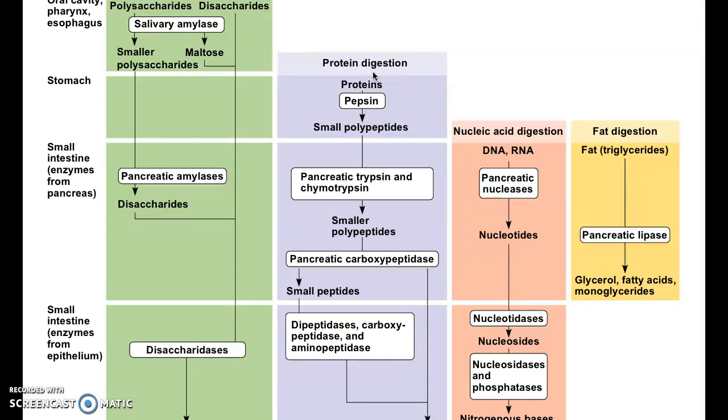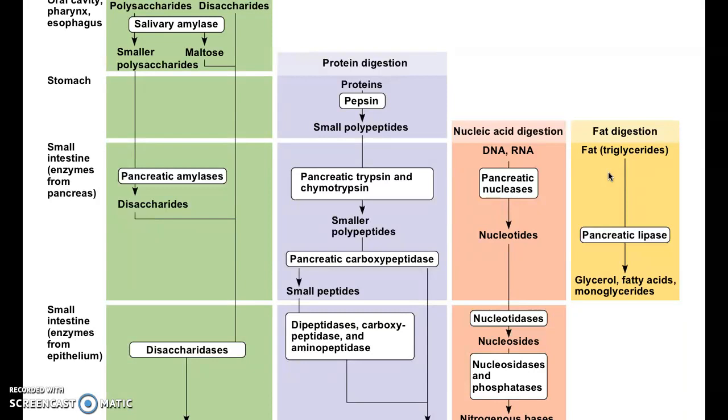Once it enters into the duodenum, again, this whole section here is everything in the duodenum, the pancreas, along with that pancreatic amylase, is also pumping in trypsin and chymotrypsin. So it breaks it down further into smaller polypeptides.